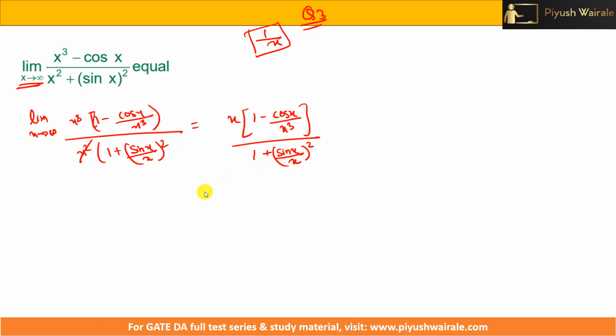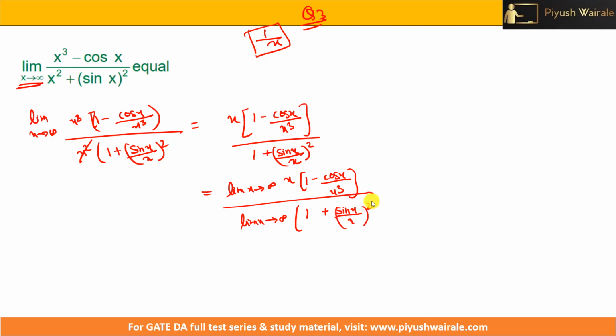Now just try to put the limit. Limit x tends to infinity, the numerator is x into 1 minus cos of x upon x cube. We can do it like this also, and limit x tends to infinity of 1 plus sine of x by x square. If you remember, limit x tends to infinity of sine x upon x is basically 0.